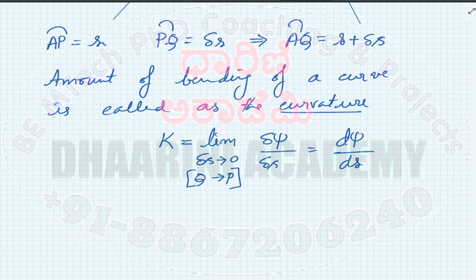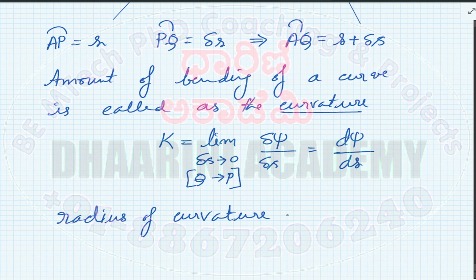Now K is not equal to 0. So we have another term coming up, that is the radius of curvature. The second term to be defined for today is the radius of curvature. How to define this?